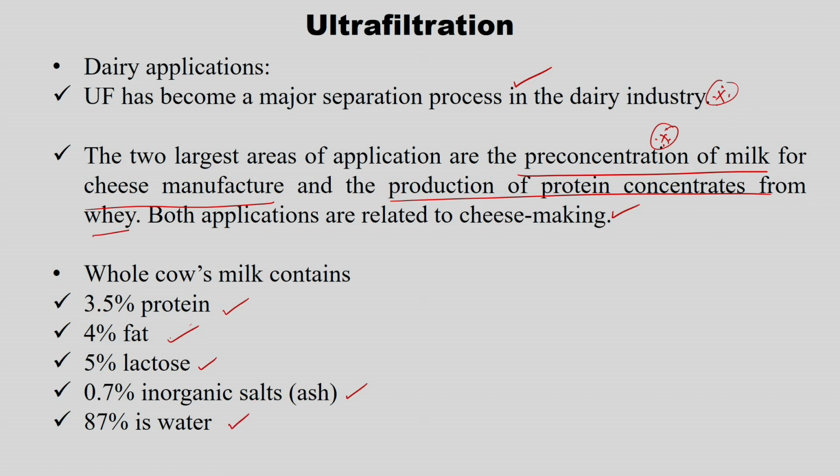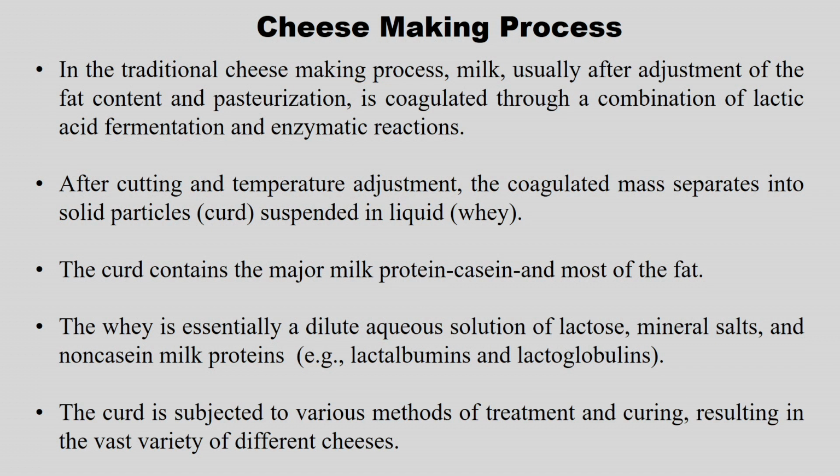That is the raw cow milk composition. And in the traditional cheese making process, what happens is the milk, usually after adjustment of the fat content, if any adjustment is needed, and after pasteurization, is coagulated through a combination of lactic acid fermentation or enzyme reactions. So, any one of the techniques is used for coagulation.